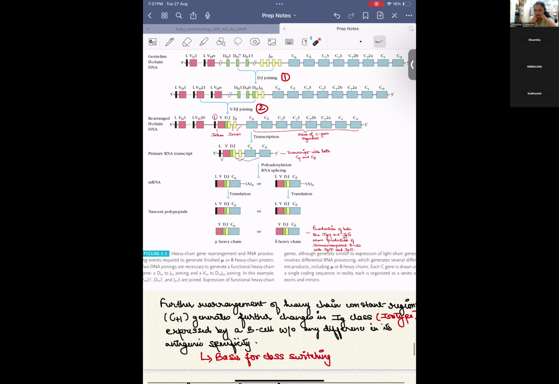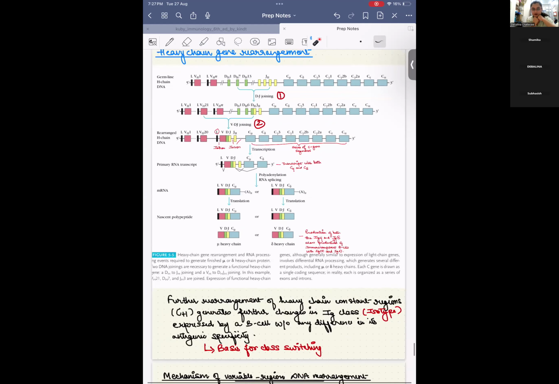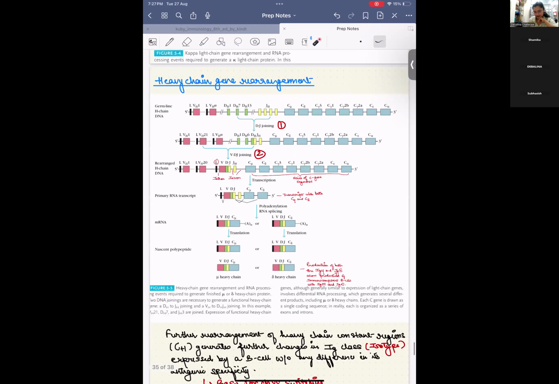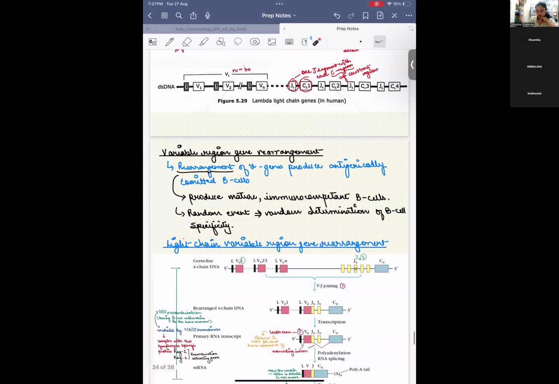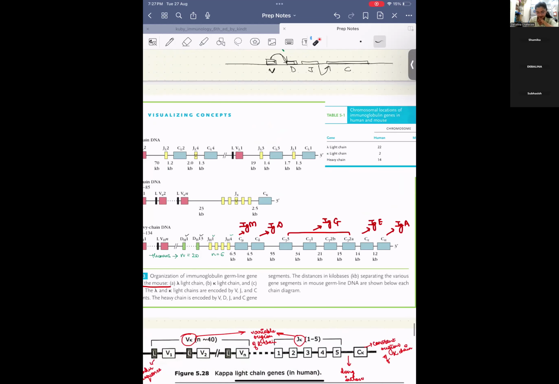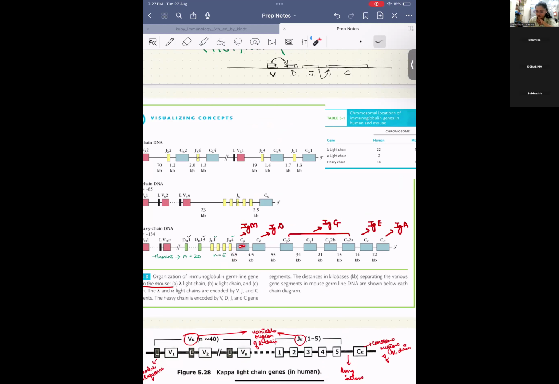IgA, IgD, and so on. So they are determined by these rearrangements, right? If we see that C delta is present, it will form IgD type antibodies. Whichever C region gets recombined: if it's C mu, we have IgM; if it's C delta, it's IgD, and so on.